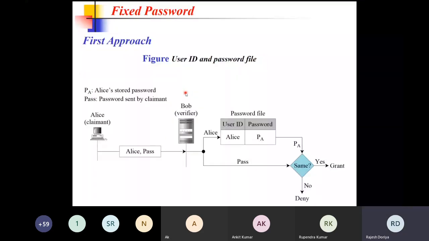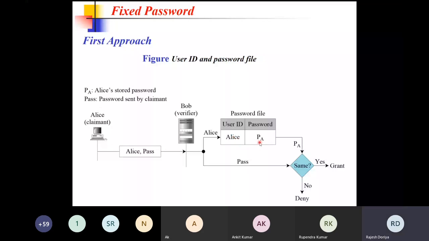Yes. So over here, Alice is trying to get connected with Bob. As we can see, Bob has already got the identity of the party which is trying to communicate with Bob. So here we have the identity of Alice along with her password.